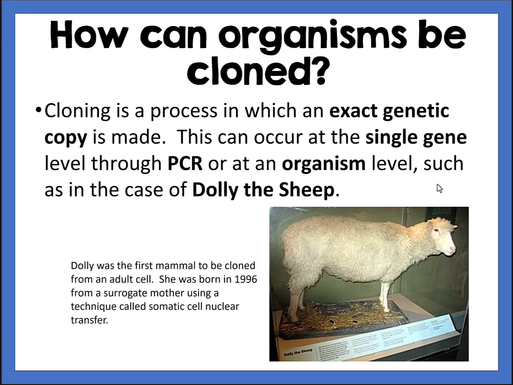Dolly was the first mammal ever to be cloned from an adult cell. She was born in 1996 from a surrogate mother using a technique called somatic cell nuclear transfer. So this is the process of cloning at an organism level, and we'll go a little bit deeper into somatic cell nuclear transfer in just a second.